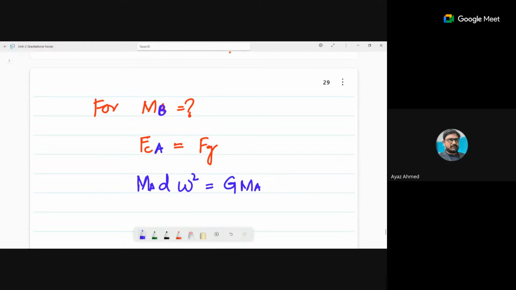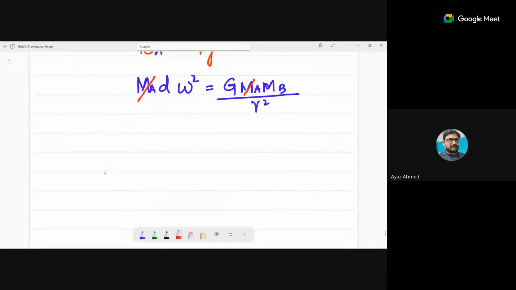R square stays as R square. MB, I have written MA, so MB divided by R square. Look, why did I put this? Because now your MA will cancel. When your MA is cut, you have the mass of star B, and that is equal to R square into d into omega square divided by G. That's it.